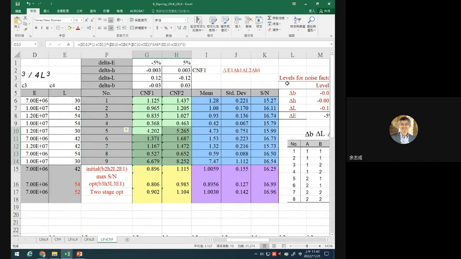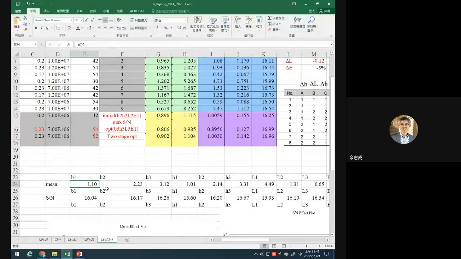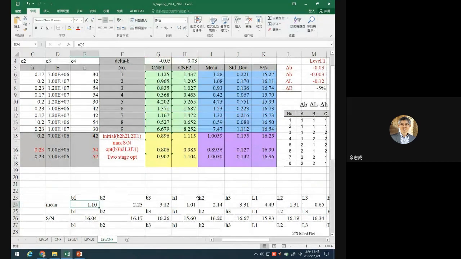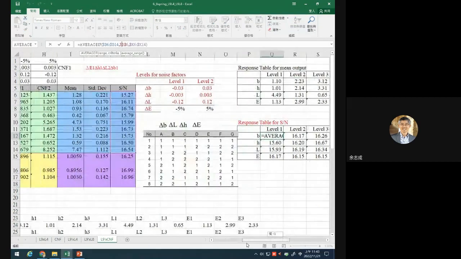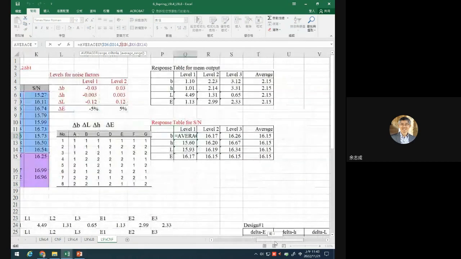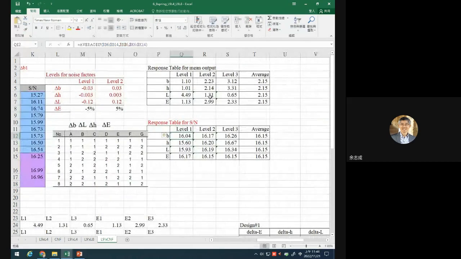We have the SN ratio for the design. Now we want to analyze the effect plot for the control factors. This is the mean. We have 2 effect plots, remember? We have 2 response tables, one for the mean, one for the SN.